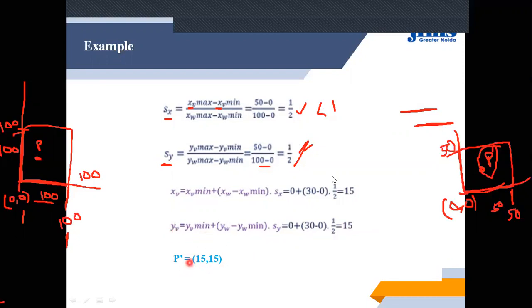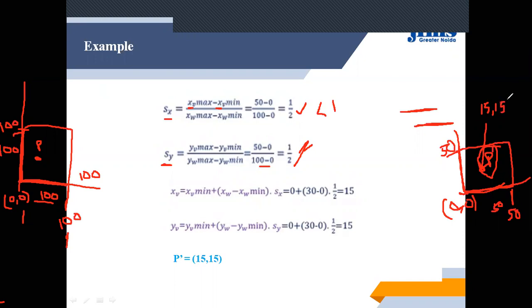So now the mapping of 30, 30 from the window is 15, 15 in the viewport. So these are the ways by which we have to calculate the values of viewport.